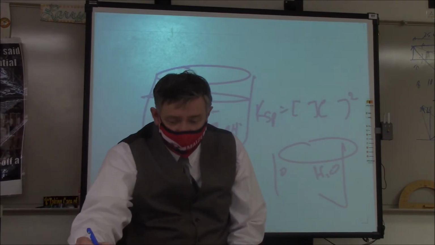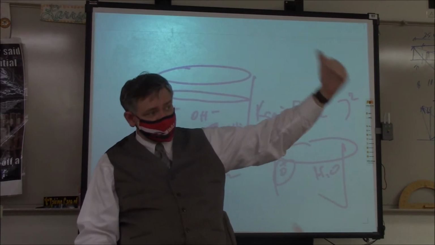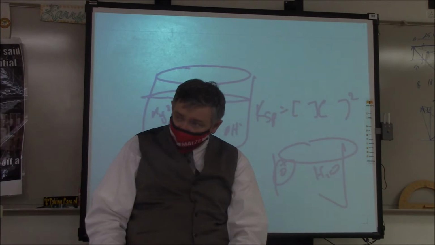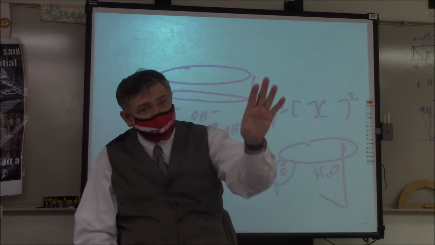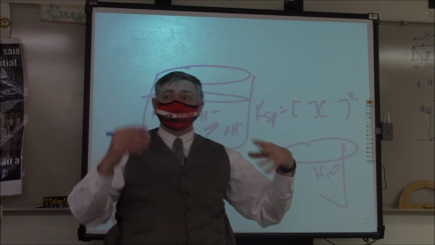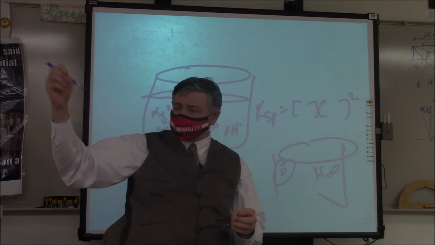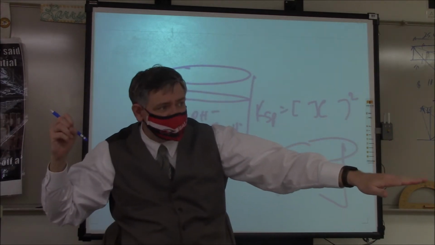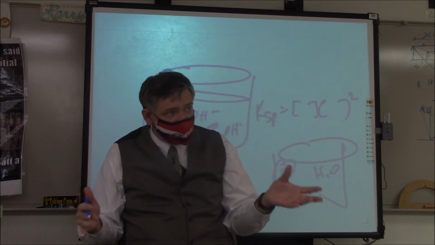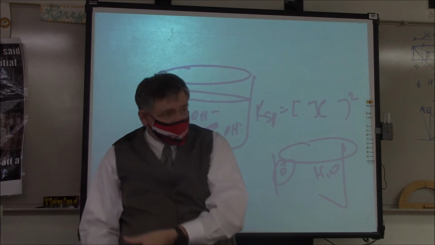Now, because it's dissolving, you're also increasing the concentration of your magnesium ions, because that Mg(OH)2 is dissolving. So you're actually increasing the concentration of your magnesium ions as well, because you just can't go to the precipitate and go, oh, we're just going to pull out hydroxide ions and leave the magnesiums alone. Okay? It has to dissolve in that ratio of 1 to 2, where you get 1 magnesium and 2 hydroxides.